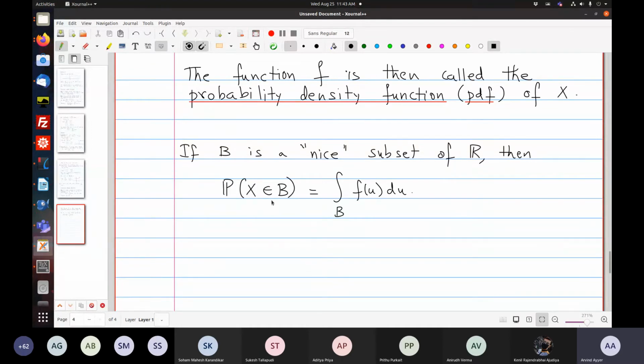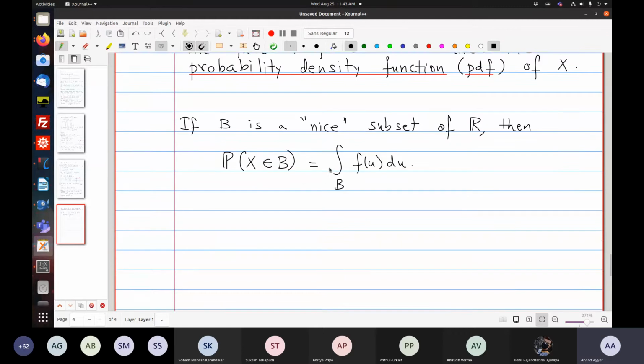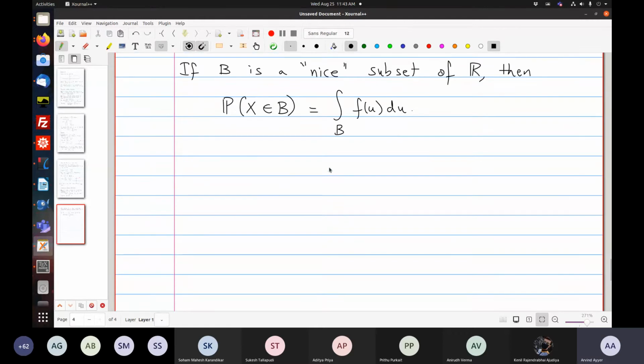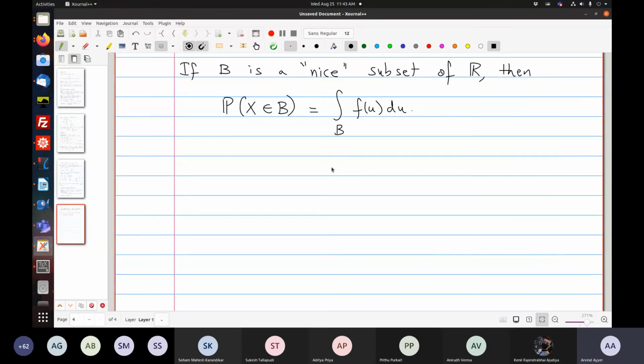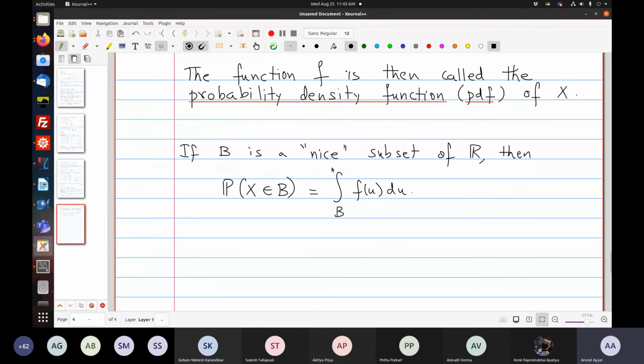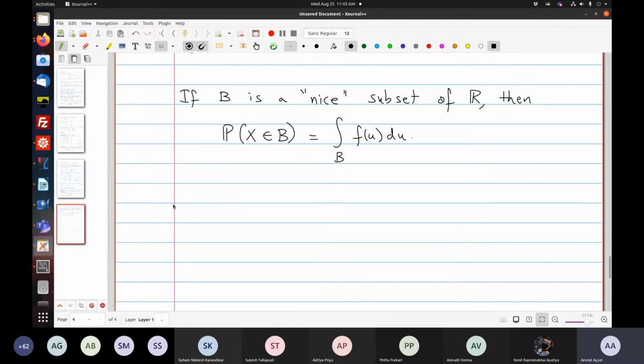But all the examples that we are going to be dealing with are going to be nice, and this is where all the complications are going to arise. All the things that I said I'm going to sweep under the rug are all because of examples like these. Let me give you an example.